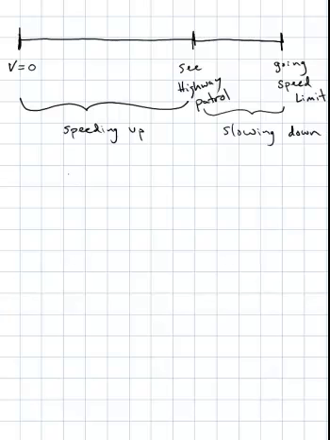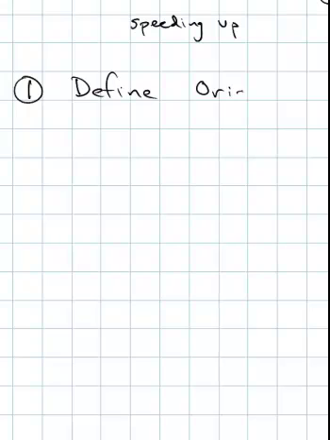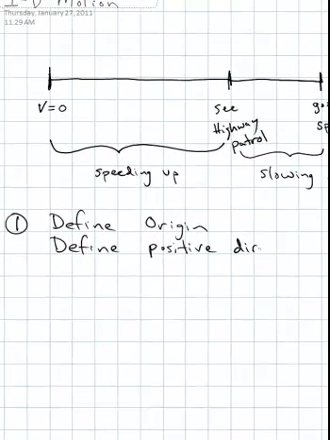In a kinematics problem, there are certain steps, and one of them, the very first one I like to put here, is you want to define your origin, and you want to define your positive direction.